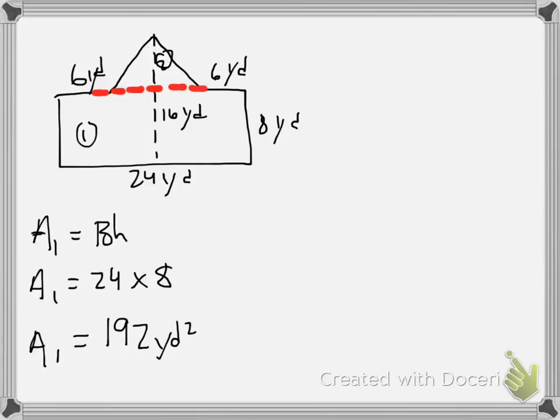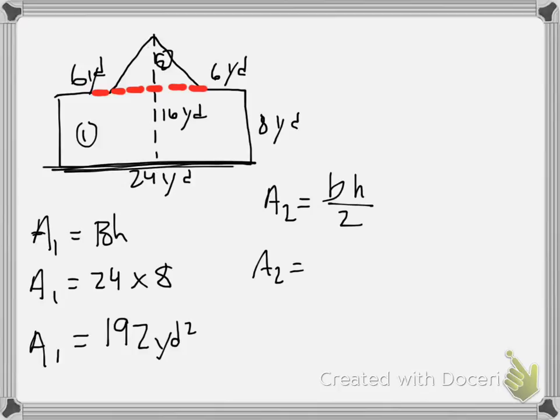So now we can think about the area of our second shape. Well, that's a triangle, so a triangle is going to be base times height divided by 2. So that will be, let's see, oh boy, we got some stuff to figure out. Well, it's 24 all the way across my rectangle.